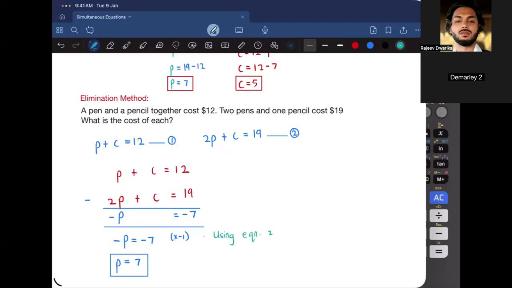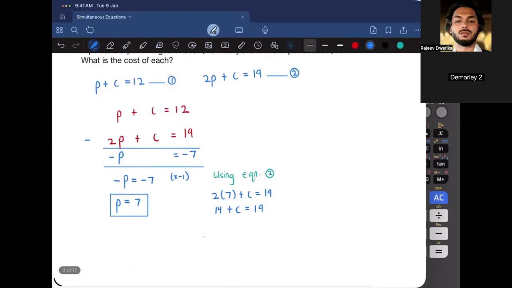So if I use equation 2, what am I going to plug in for P? Do we know what P is equal to? Yes, 7. So I'm going to say 2, open bracket, 7, close bracket, plus C is equal to 19. What is 2 times 7? 14. So I'm going to write 14 plus C is equal to 19.